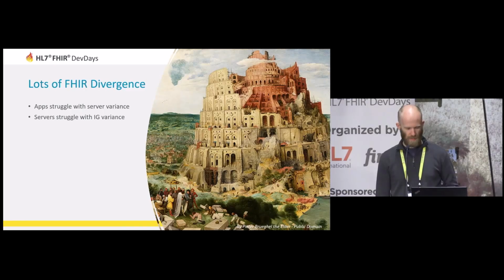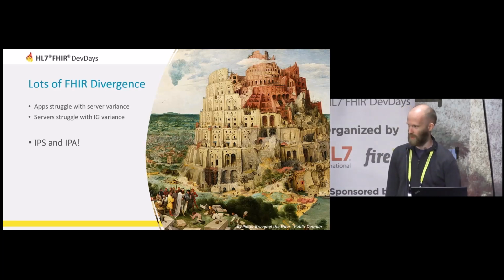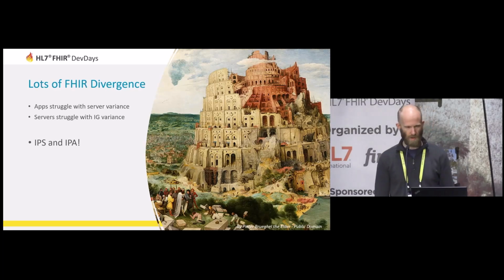In terms of FHIR divergence, in the past we've talked a lot about apps struggling with variation in how servers implemented FHIR, and I think as a server we're also starting to struggle with the variance that we see across IGs. One of the things we're focused on to help mitigate that are international realm IGs like IPS and IPA.